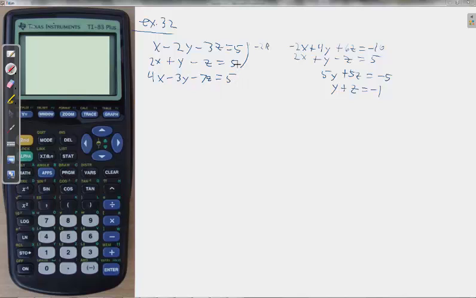And then how about this one? Let's take negative 4 times row 1. Negative 4x plus 8y plus 12z equals negative 20. I got 4x minus 3y minus 7z equals 5.